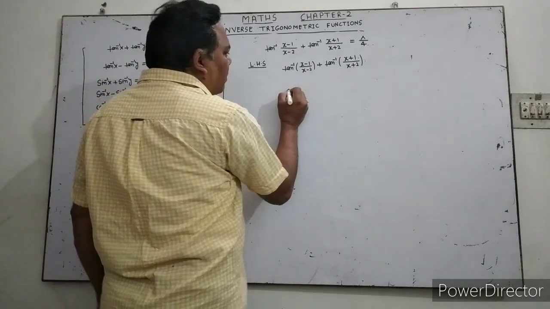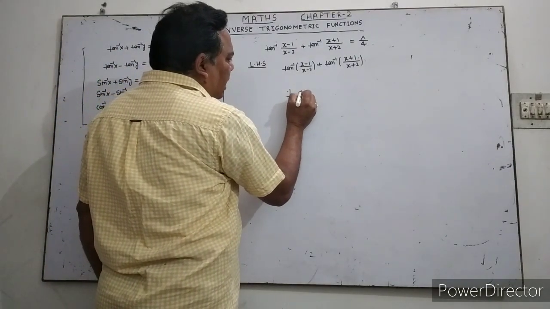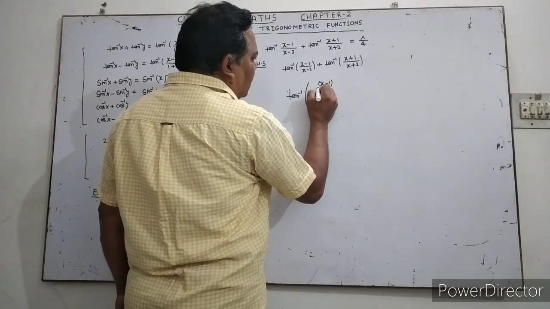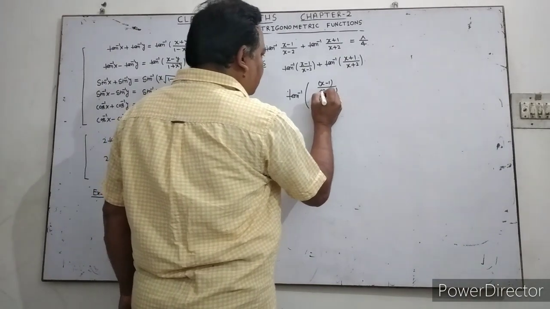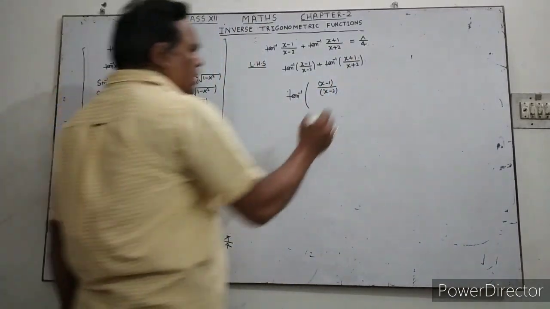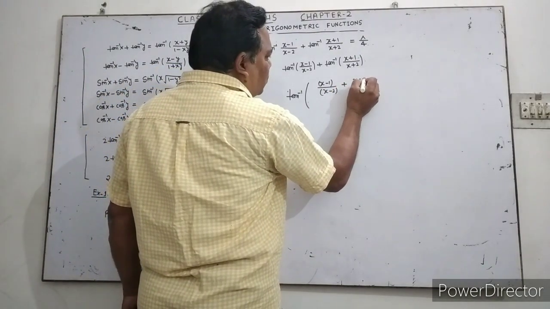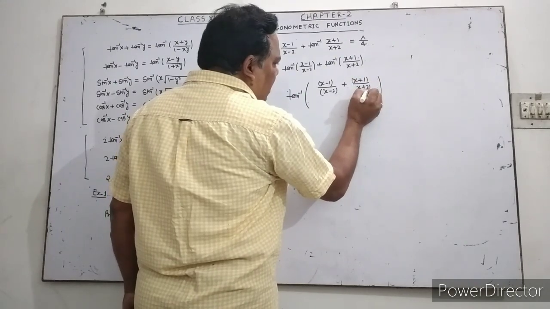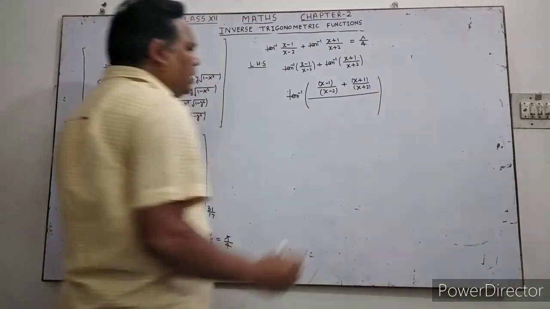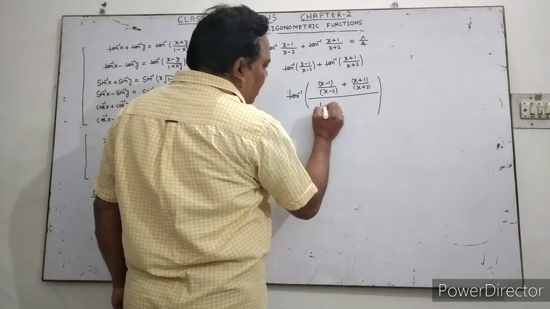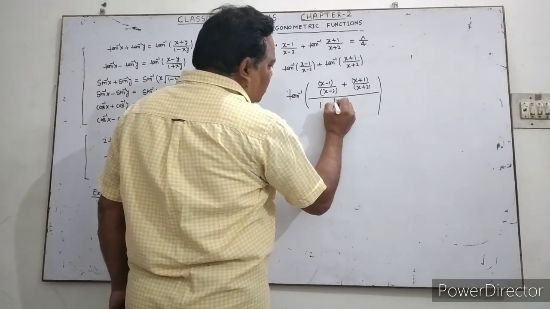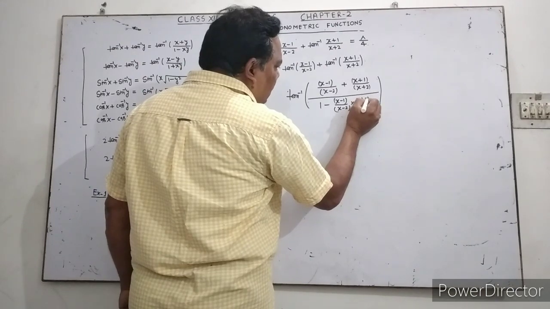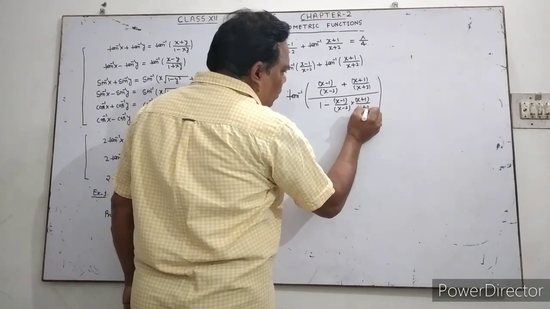Using this formula, this is tan inverse of x plus y, that is (x minus 1)/(x minus 2) plus (x plus 1)/(x plus 2), upon 1 minus xy, that is 1 minus (x minus 1)/(x minus 2) into (x plus 1)/(x plus 2).